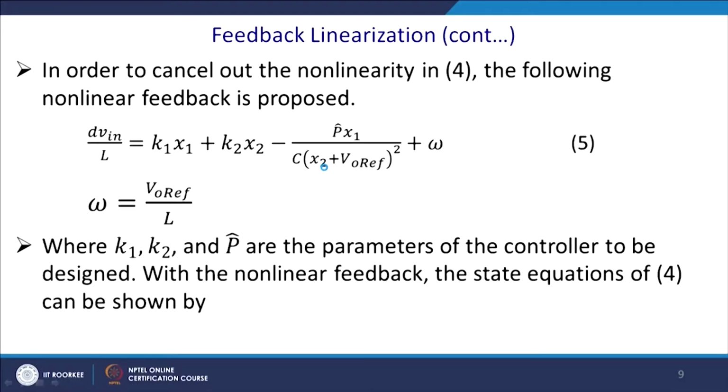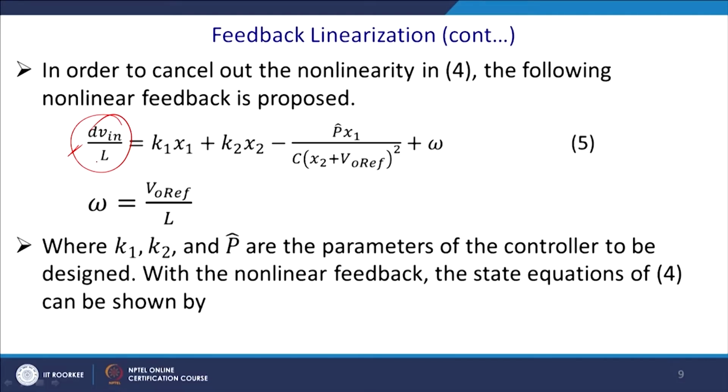Assume the input voltage to be constant, otherwise another complexity will add on. If you take the input voltage to be constant, its derivative is zero anyway. But generally, you can write it in terms of dV in by L, which is something unknown to you.